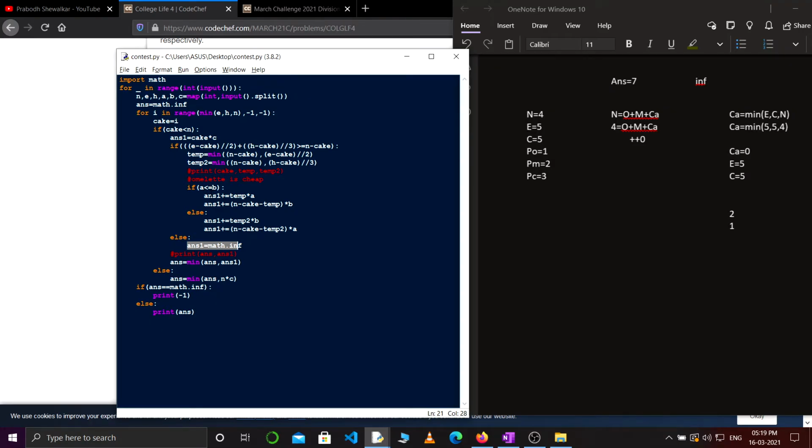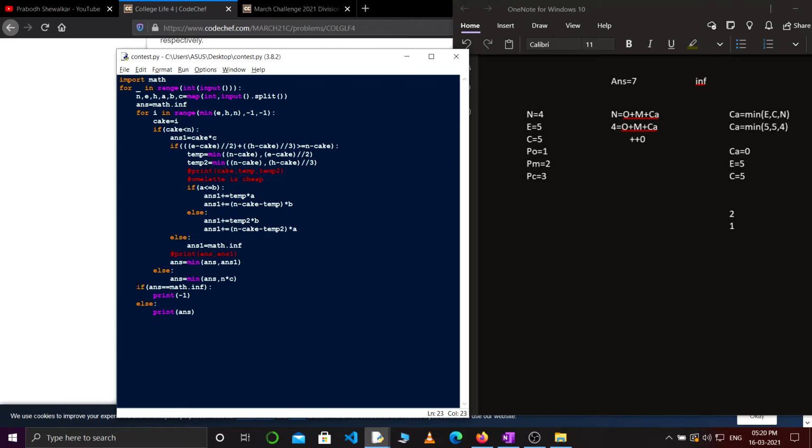If omelette is cheaper, then I'll try to consider as many omelettes as possible, and remaining milkshakes, and vice versa over here. If milkshake is cheaper, then I am considering as many milkshakes as possible and remaining omelettes. Okay, and finally I'm storing my answer over here, minimum of answer and this.